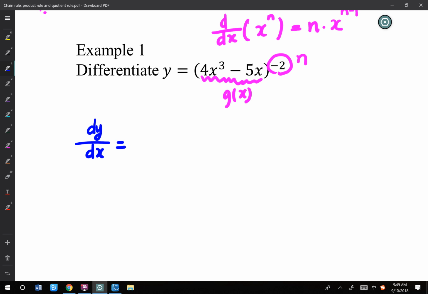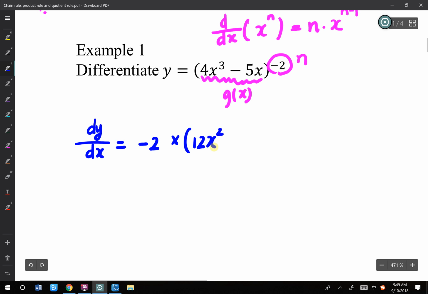Times. It's three things times together. What's the next thing? What's g dash x? 12x squared minus 5. That's my g dash x. Times a third thing. What's that? So g(x) is 4x cubed minus 5x, to the power of -3.